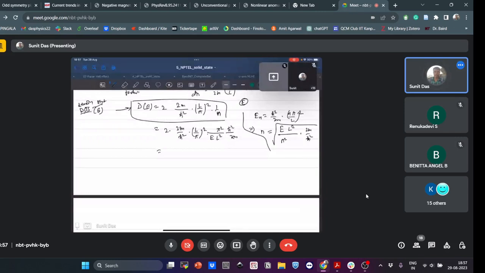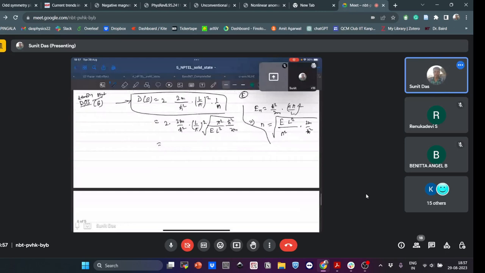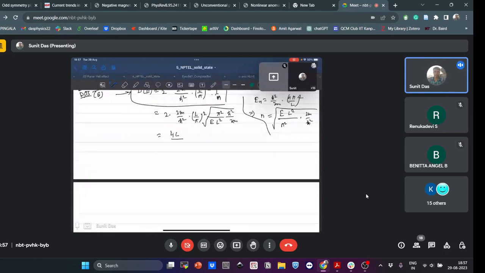So if we found it, just simple algebra, it will come out to be 4L by h bar into m by 2E root. So this is the final answer. So the density of states at an energy E is given by this expression.